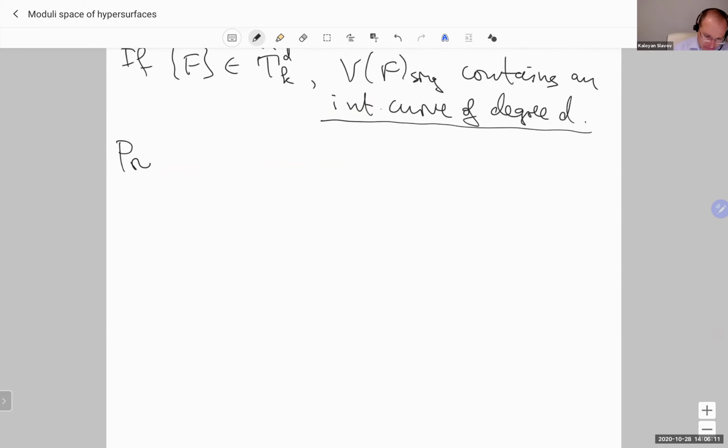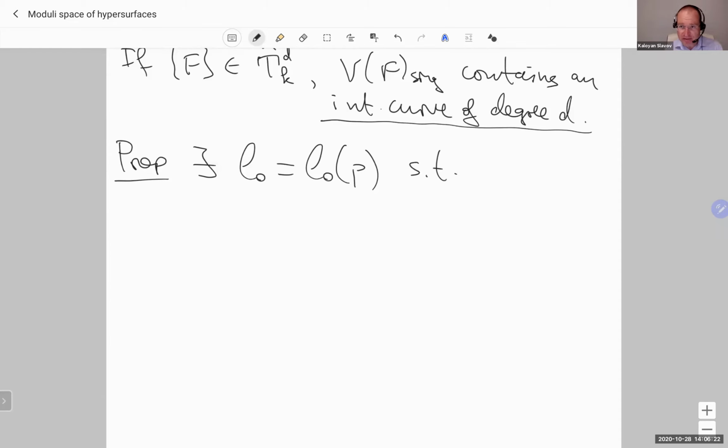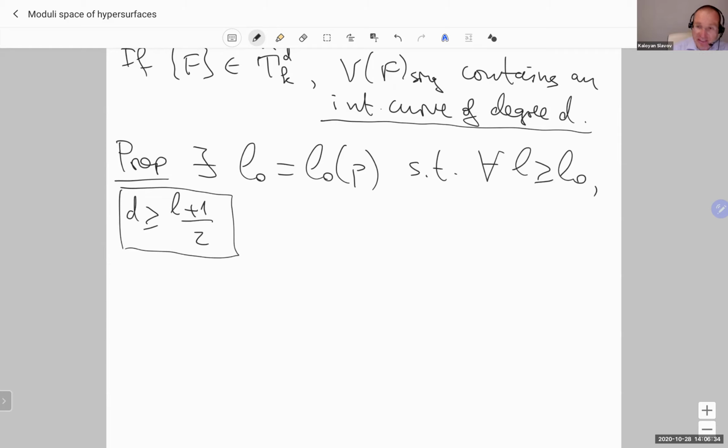Proposition. There exists an L0, which depends on the characteristic P. We are now working, our ground field is FP bar. Forget about characteristic 0 anymore. Such that whenever L is large, and whenever D is greater than or equal to (L plus 1) over 2, remember the cases of small D we handled before by using the restricted Hilbert scheme and the argument at the beginning with the incidence correspondence.